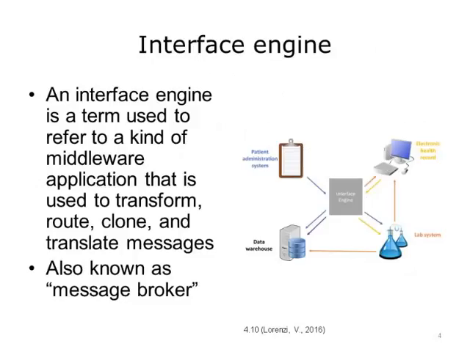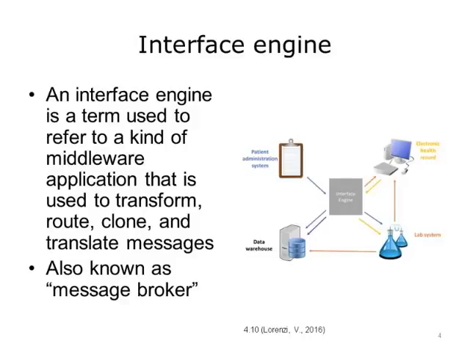An interface engine, which is also sometimes known as a message broker, is a term used to refer to a kind of middleware application that is used to transform, route, clone, and translate messages. In this picture, you will see 4 different hospital systems: the Patient Administration System, the Electronic Health Record, the Laboratory Information System, and the Clinical Data Warehouse.